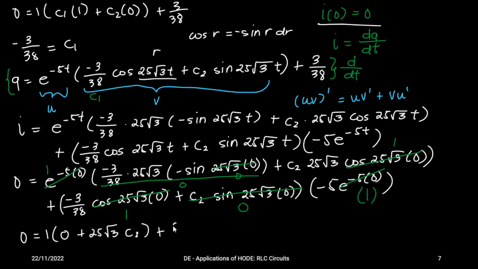So, we have here negative 3 over 38. Ayan, bago ko makalimutan. So, multiplied to 1. Plus 0, yun yung C2 sine of 0. Okay? This is equivalent to times negative 5 pala. Sorry. Okay? So, again, further simplifying. We have... Right ko lang yung nasulat ko kanina.